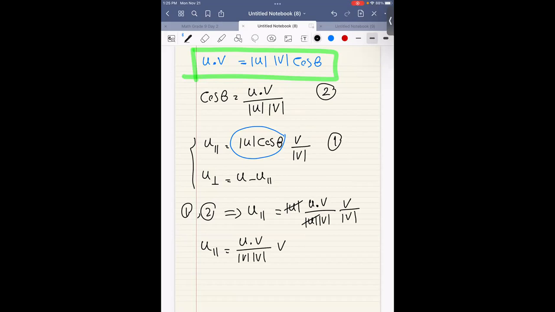This formula is simpler than the above formula, because in this formula you just need to compute the dot product. You don't need to use cosine. Okay, is that clear?